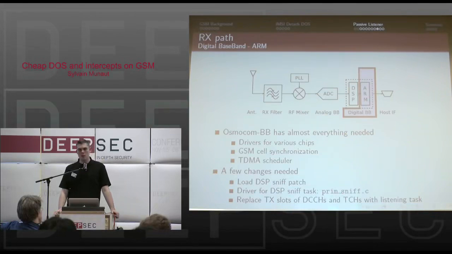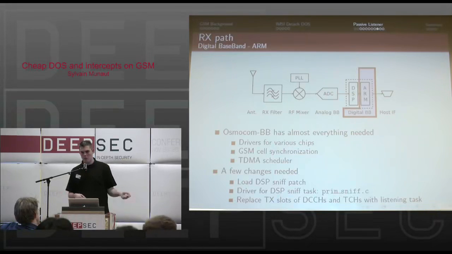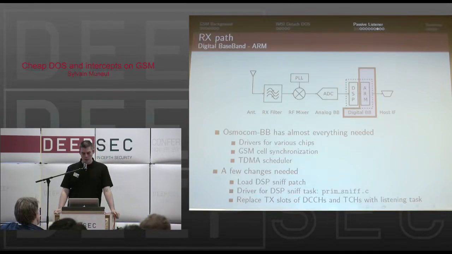Finally, we need a driver for the new task that we added to the DSP. It's obviously not supported in the mainline code, so we had to write a driver that allows us to program the DSP to use this new command and receive the raw burst. And finally, we never want to transmit anything, but instead of receiving on the downlink frequency, we want to listen to the uplink frequencies. So the changes in the ARM code are actually pretty simple, if you're familiar with the Osmocom BB code, I would say.